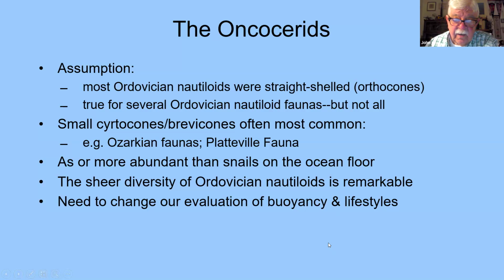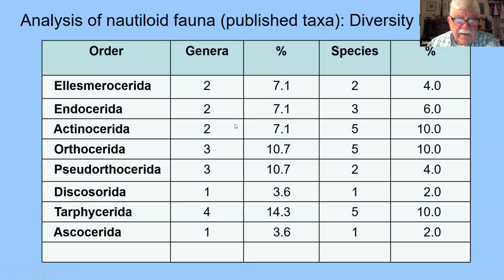Well, yeah, and so are the straight ones, Actinoceras, Proteoceras in the Ordovician, but the oncocerids, not as much. Now, here is a list of the first 8 orders of the nautiloids, and if you make a quick tally of the species, 10%, 20%, 30%, 40%, 48%.